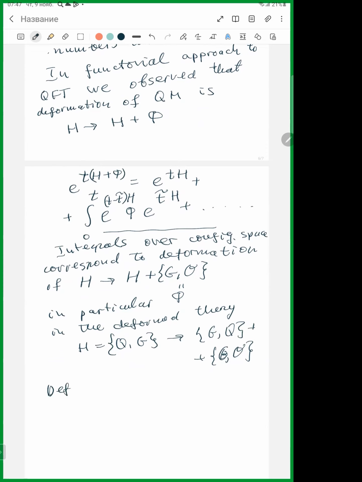So the deformed theory, again, is topological.